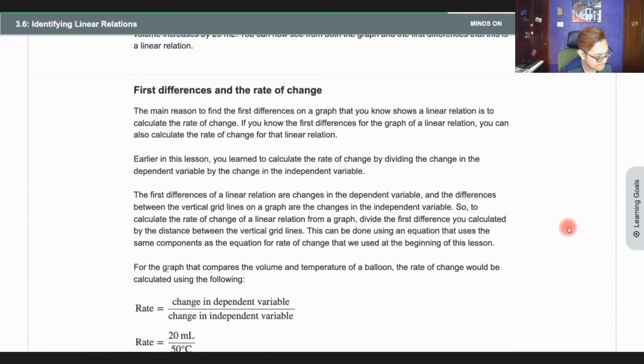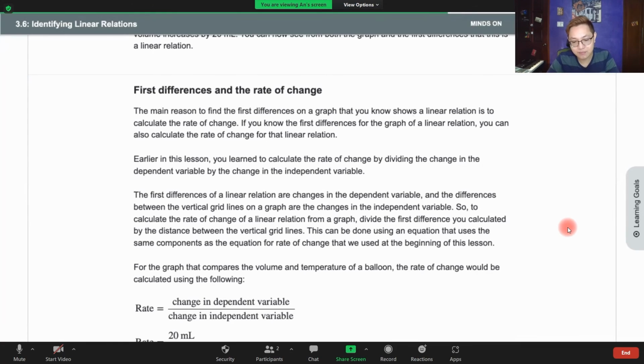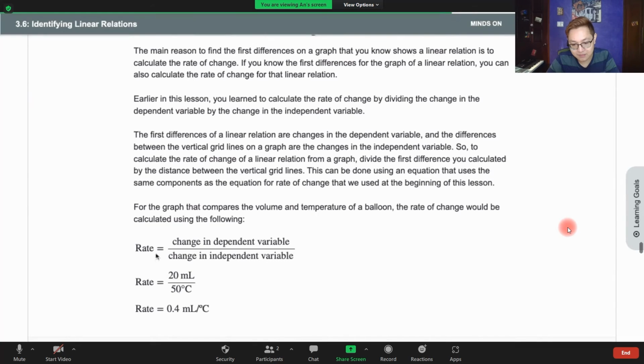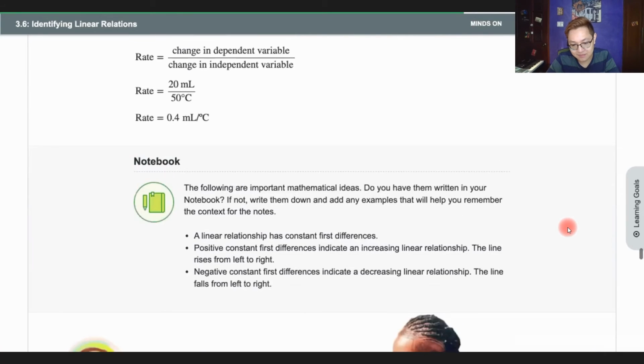For the graph that compares the volume and temperature of a balloon, the rate of change would be calculated using the following: rate equals change in dependent variable over change in independent variable. So it's like before.